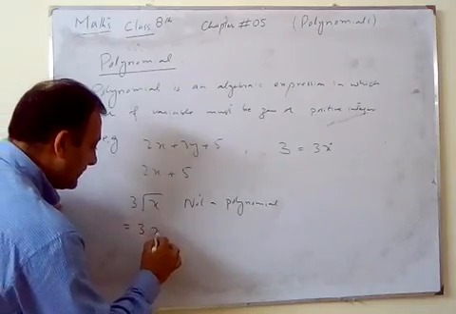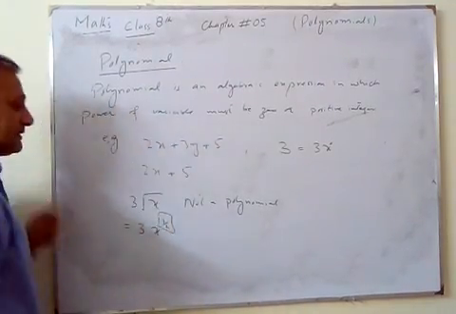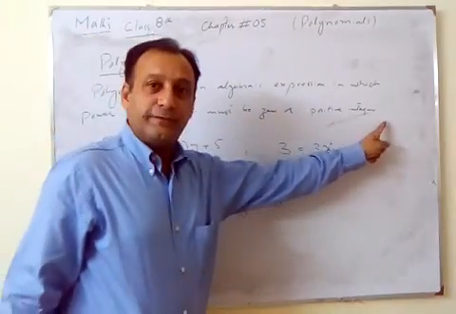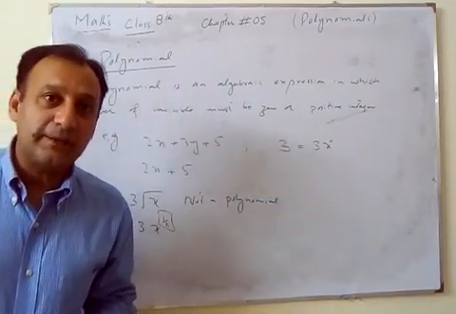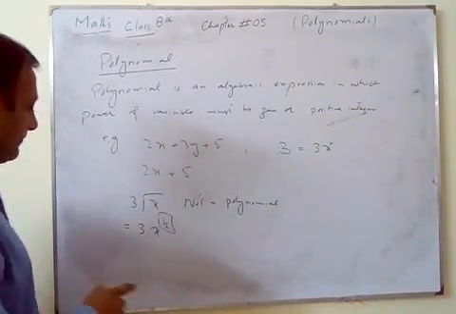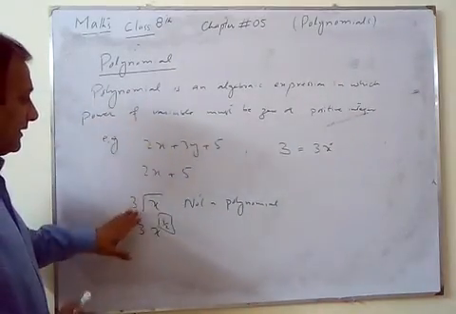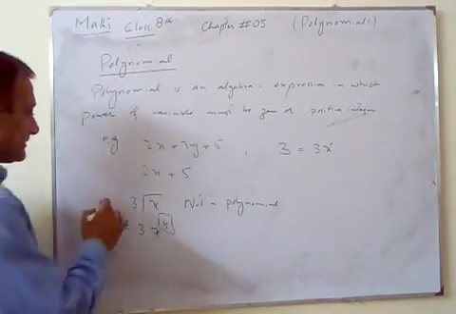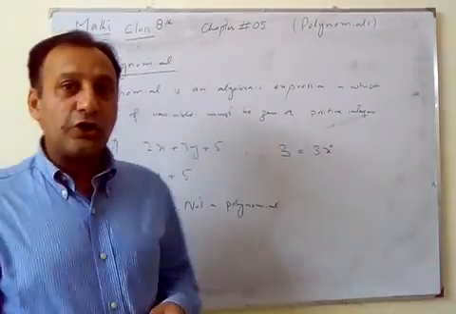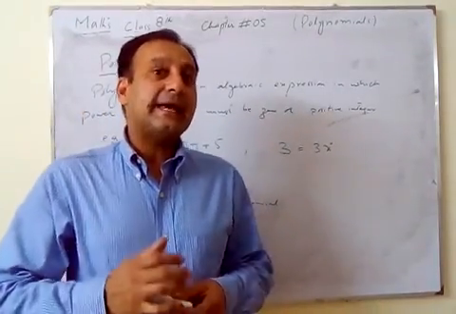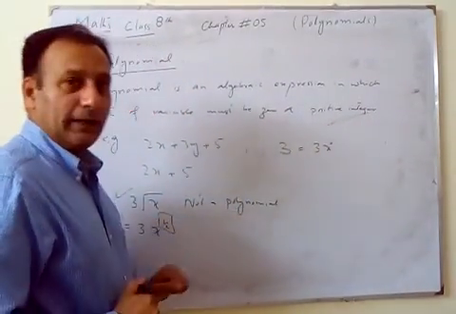Because it means x power 1 by 2, and 1 by 2 is not a positive integer. It is a rational number. This is an algebraic expression, but not a polynomial.